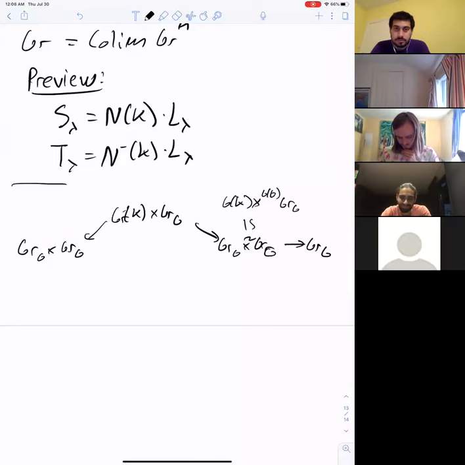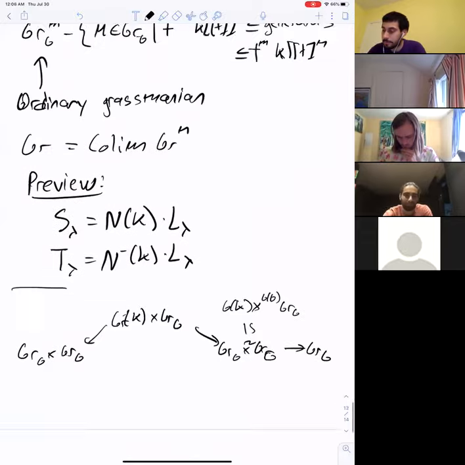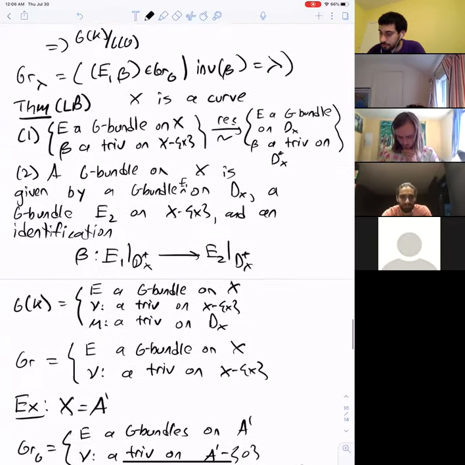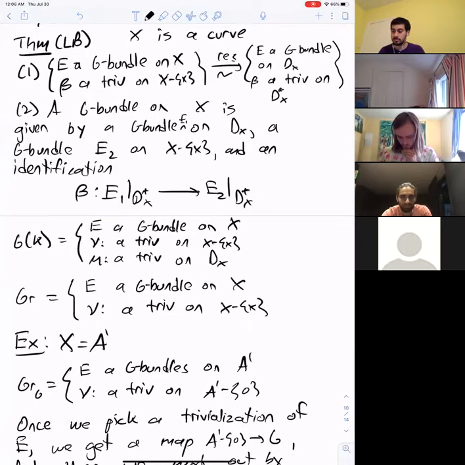I guess to make sure I understand the Beauville-Laszlo theorem. Is the way I should think about this, like, if you take G to be Gm and you take X to be an elliptic curve or something, for most line bundles on the elliptic curve, and let's say you take the point at infinity, or large numbers of them, you won't be able to trivialize them away from infinity.